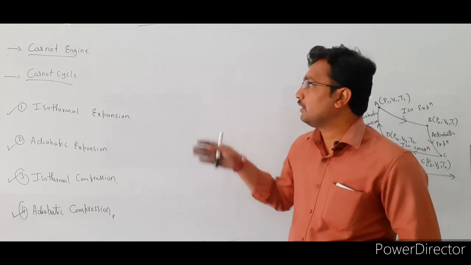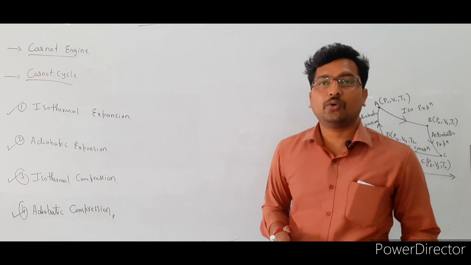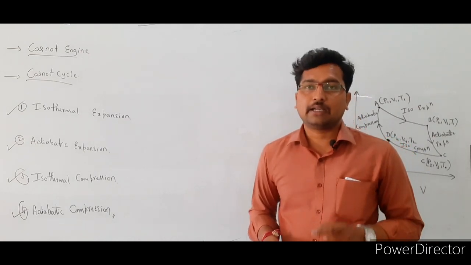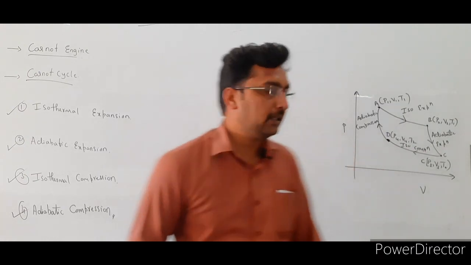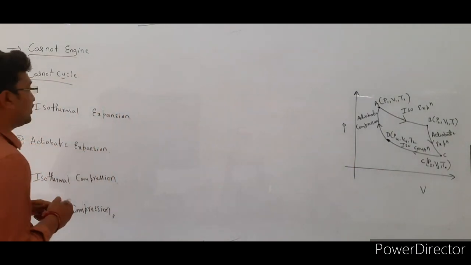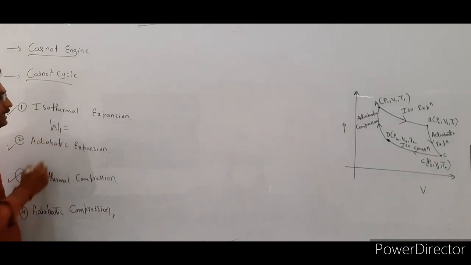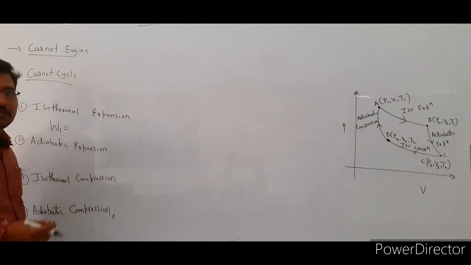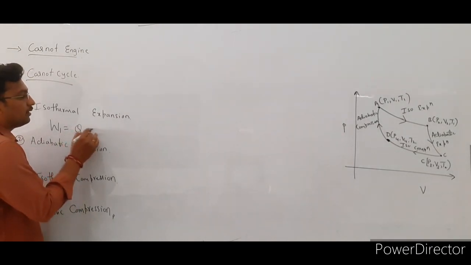The first one, in an isothermal process, we use the formula: work done W is equal to 2.303 RT log base 10 V2 by V1. See here, the work done in isothermal expansion is denoted by W1. In isothermal expansion, the cylinder absorbs Q1 quantity of heat energy from the source.